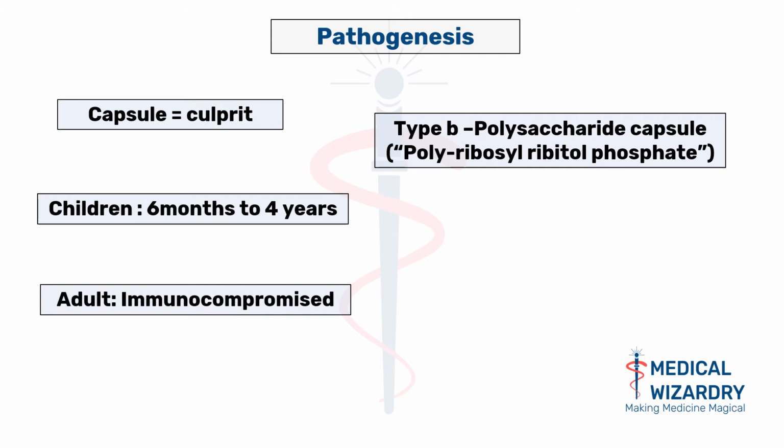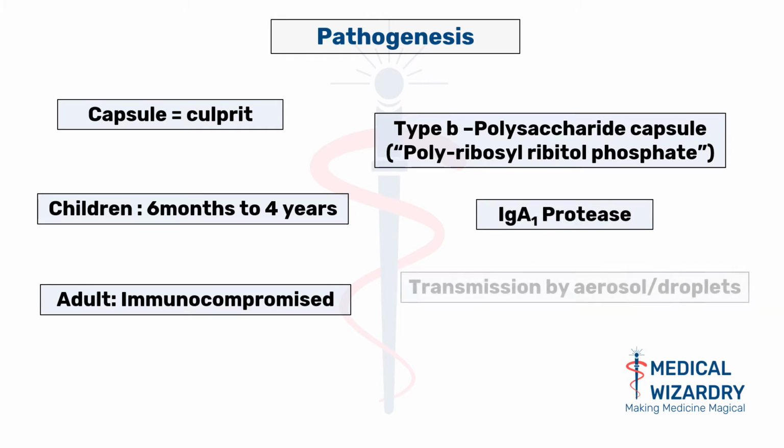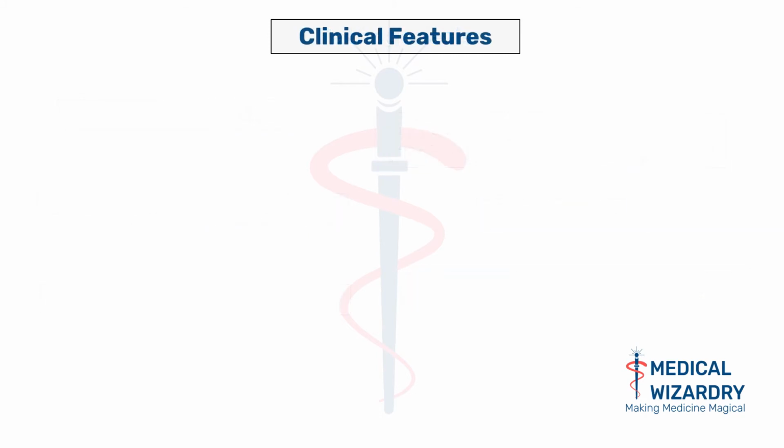The main enzyme involved in the pathogenicity, hand in hand with H. influenzae, is IgA1 protease. The transmission of the infection is commonly by aerosols or droplet infections. However, invasive spread through the hematogenous route is also possible. With the basic idea of how H. influenzae causes the problem, let us now dive deep into what problems it may cause.